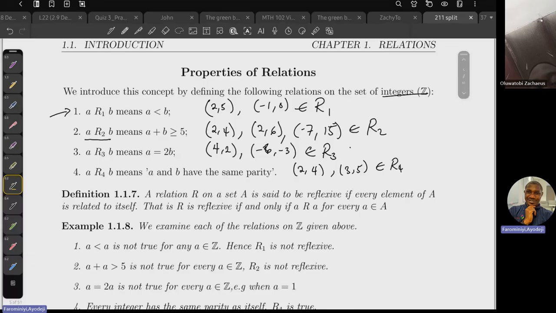That takes us to reflexive. There are some properties of relations that are very important in classifying relations. The first one is reflexivity. Let me list the important ones. We have reflexivity, symmetricity, and before transitivity, let's write anti-symmetricity.